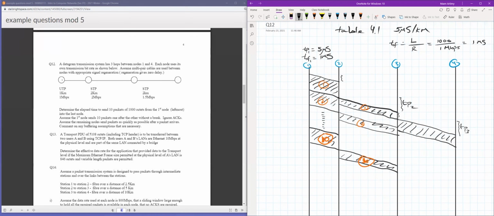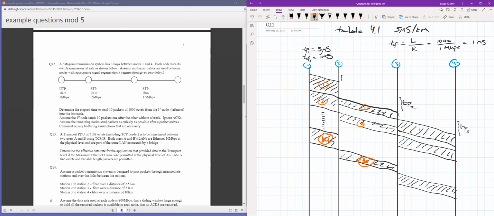Same thing with the second frame. It will start sending here and it will arrive somewhere here. Finally, the last frame will start transmitting as soon as it's received completely at node 3, and then it will be sent also to the final node.